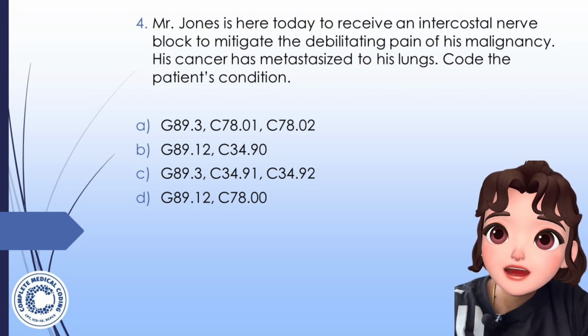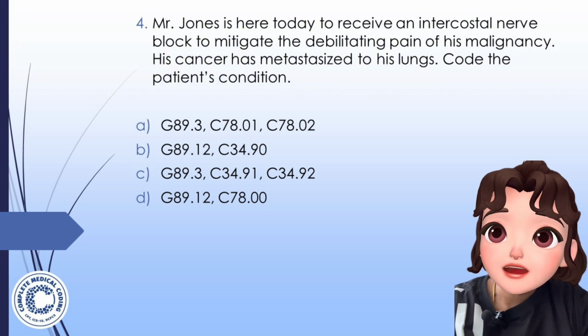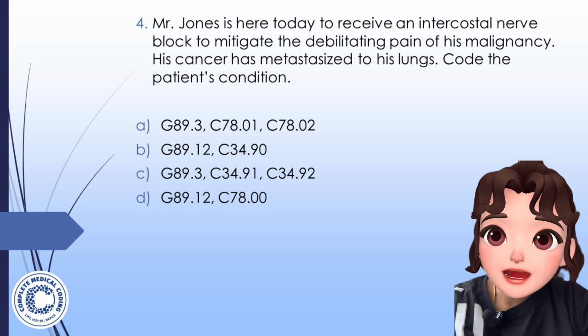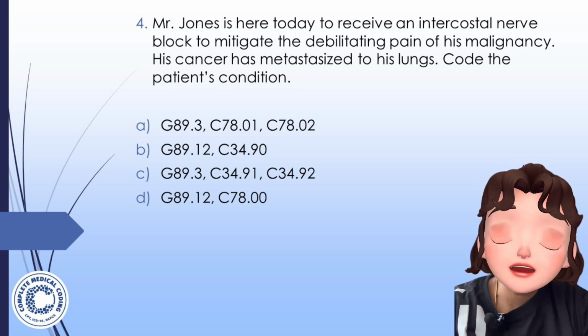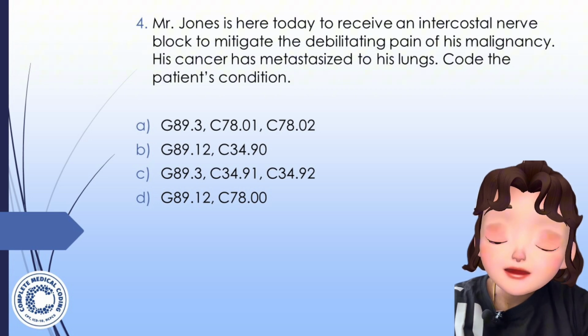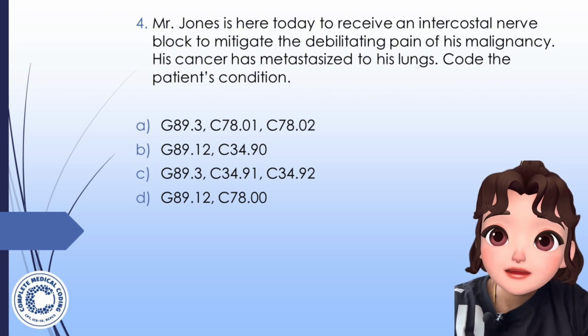The patient is here to receive an intercostal nerve block to mitigate the pain, because the patient is having pain. So he came to see the doctor for the pain of his malignancy. But his cancer has metastasized to his lungs.